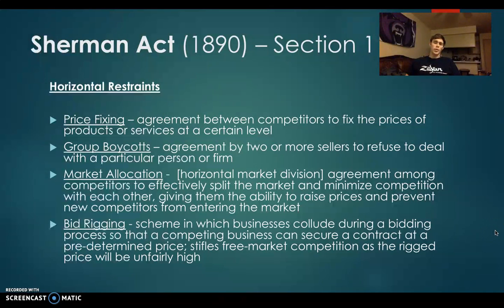But let's say these contractors got together and they said, why don't we figure out who's the best for the job, and then we'll designate the job to that contractor, and we'll all submit really high bids, but we'll allow this designated contractor to submit a bid that's a little bit lower, but it's still unreasonably high.